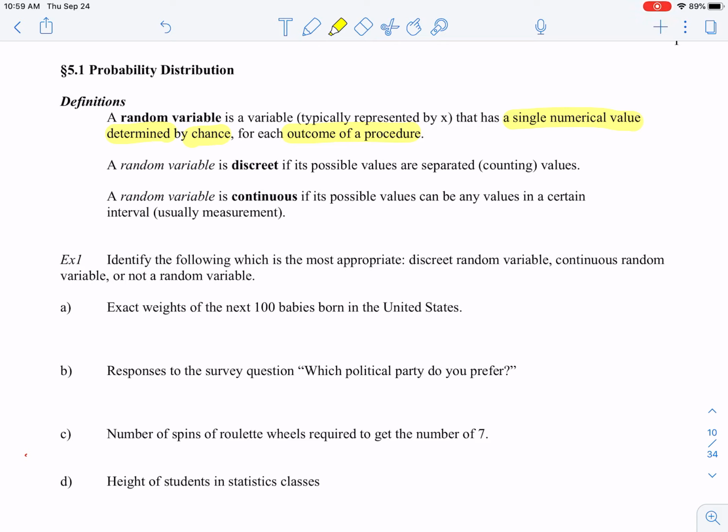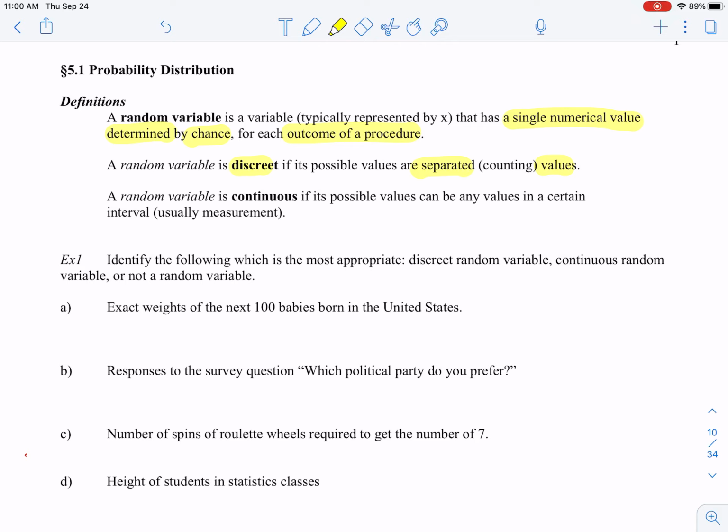The second definition would be a random variable considered to be discrete if the possible values of the random variable are counting values or separated like whole numbers. Okay, and we discussed discrete data values early on in the course. In this case, we further tied that concept to a random variable.